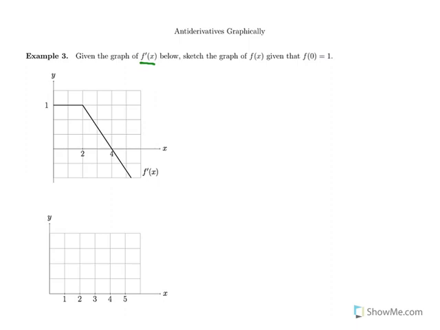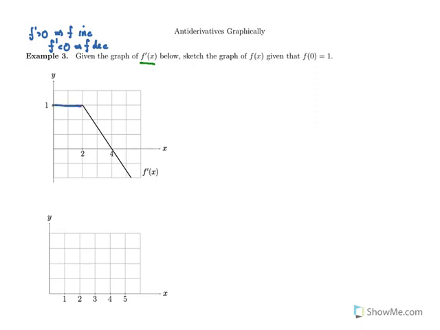We're going to use the relationship that when the derivative is positive, that means f is increasing. And when the derivative is negative, that means that f is decreasing. So let's think about, when is this derivative positive?